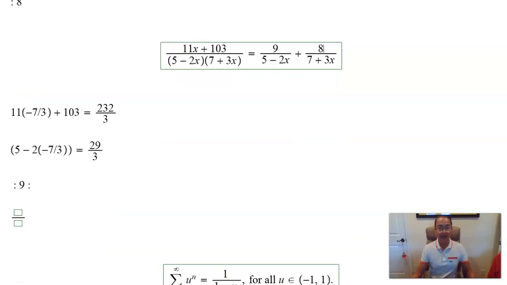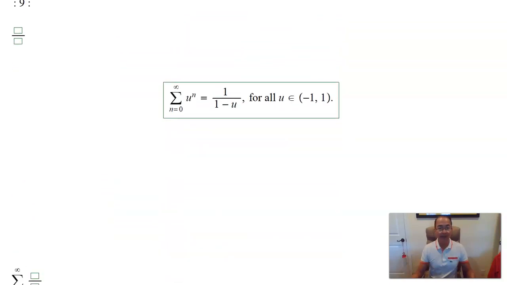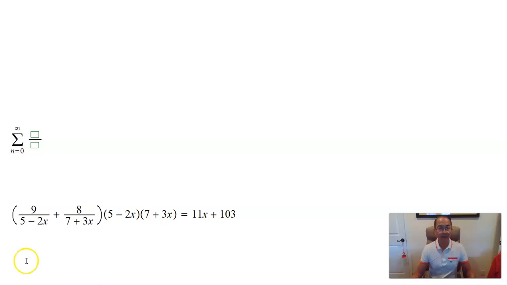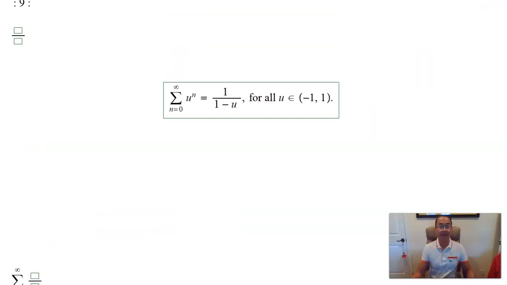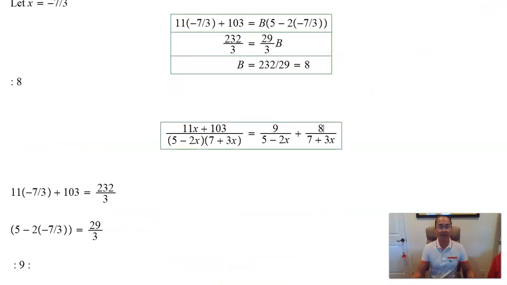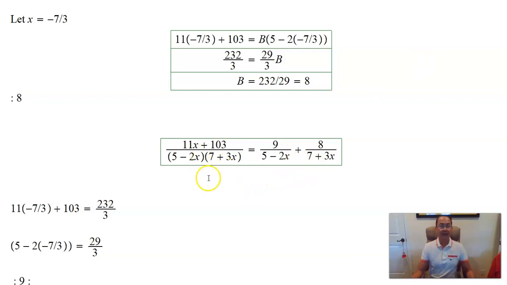Okay, let's check our answer because it came from down here. Yes, that's where it came from. 9 over (5 minus 2x) plus 8 over (7 plus 3x). Now you know how I make my examples. Okay, that is our partial fraction decomposition, and now we need to work on substitutions.